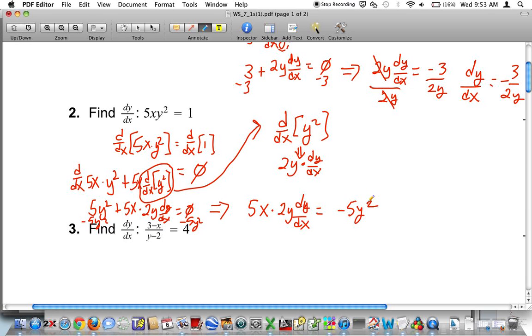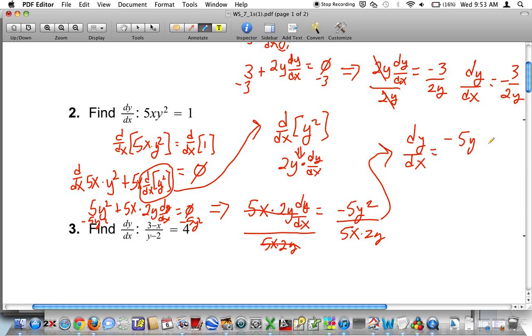Okay. And then we can divide both sides by 5x times 2y, divide by 5x times 2y. This cancels, and so let's just go right up here. So we have left dy dx is equal to minus 5y squared all over 5x times 2y.